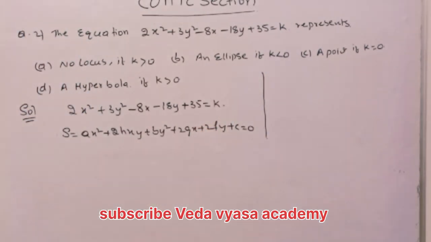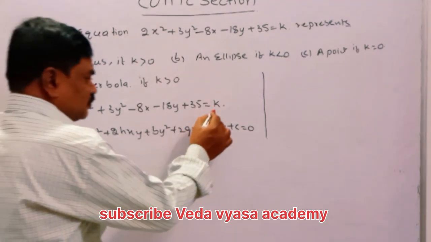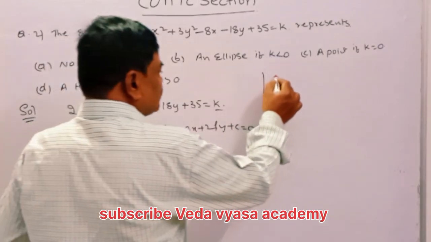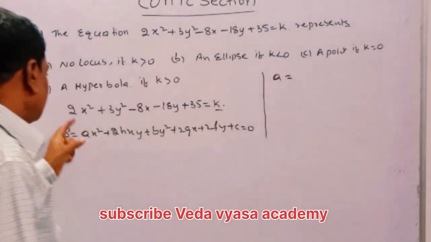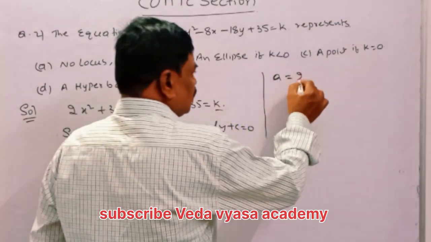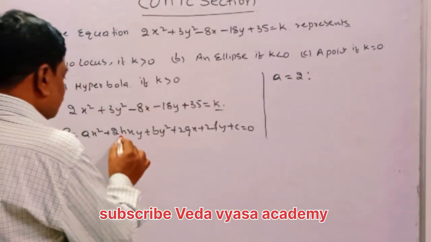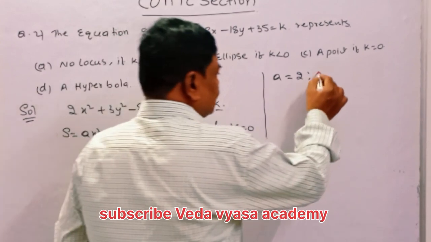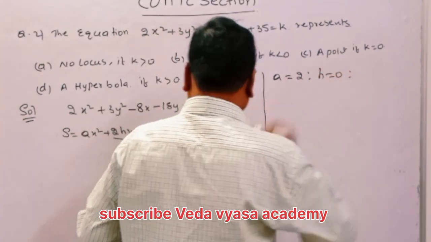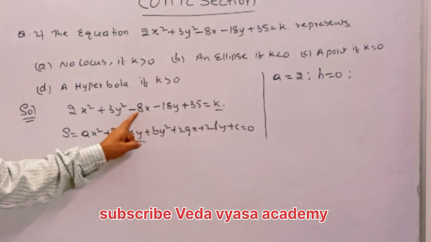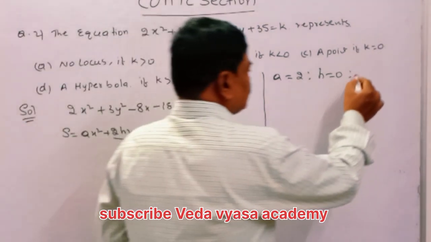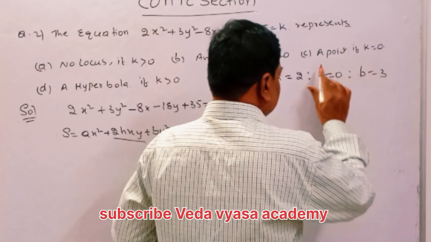Compare with this, taking k = 0. What is the value of a? a is the x² coefficient, that is 2. What is the xy coefficient? Here the xy coefficient is not there, so h = 0. The y² coefficient is 3, so b = 3.